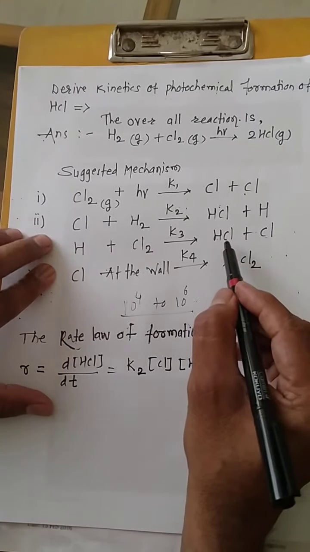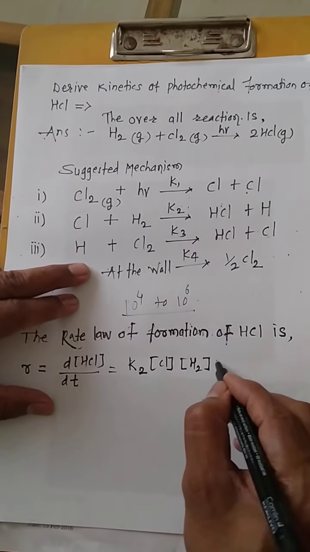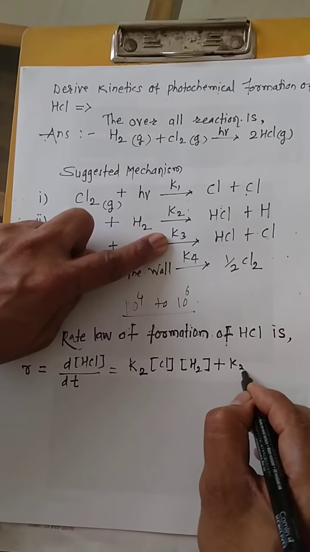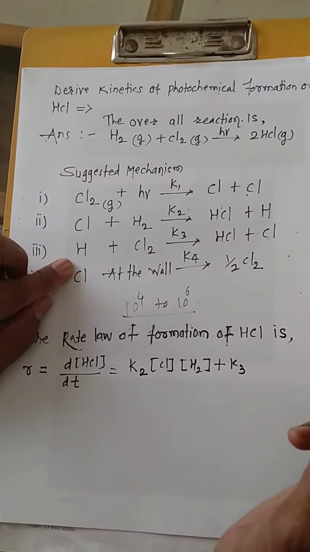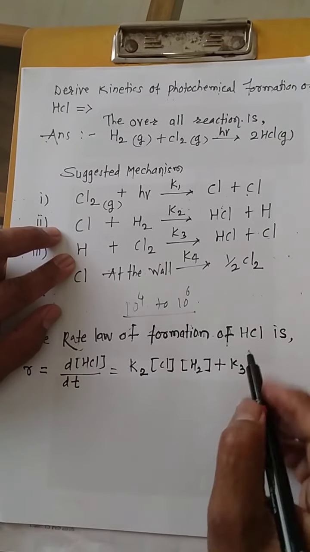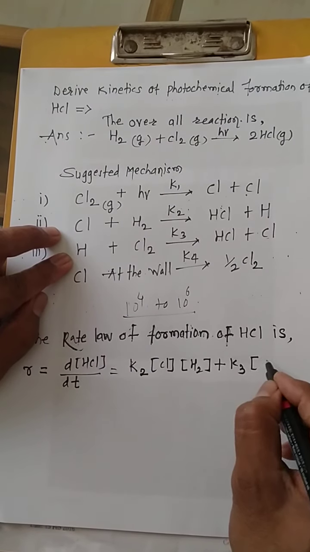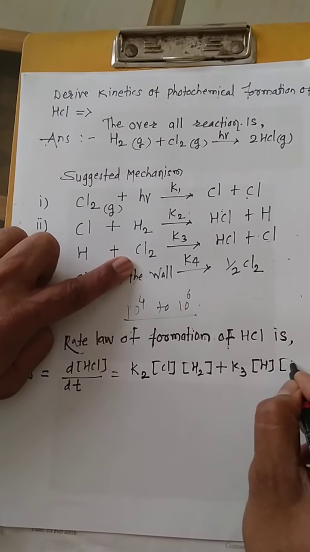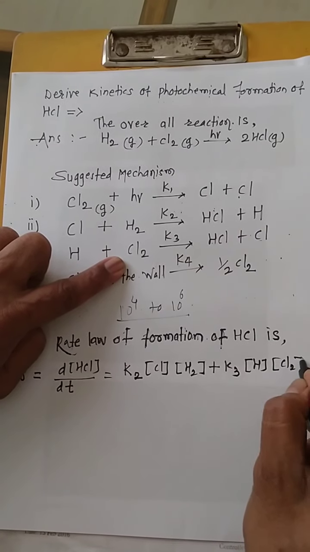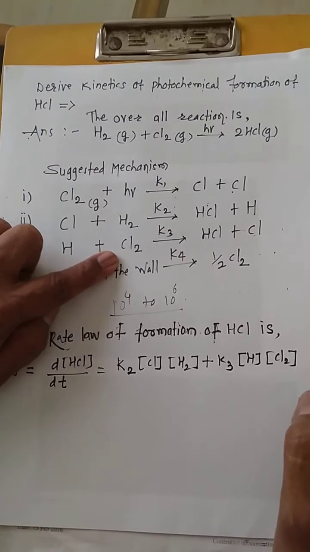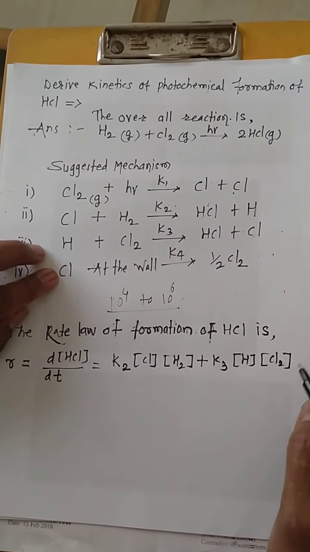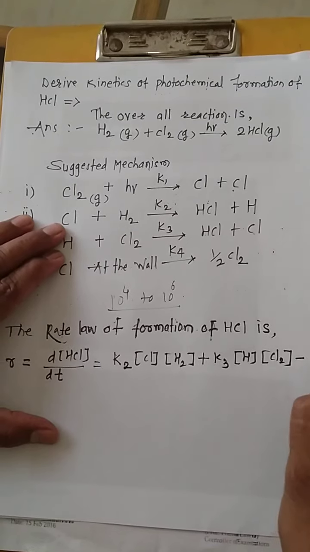Here it is also present in the product, so plus, rate constant K3, then concentration of H in bracket, another bracket concentration of Cl2. This is equation 1.